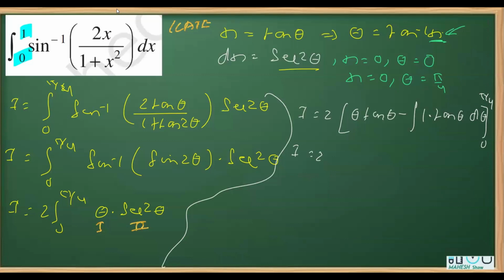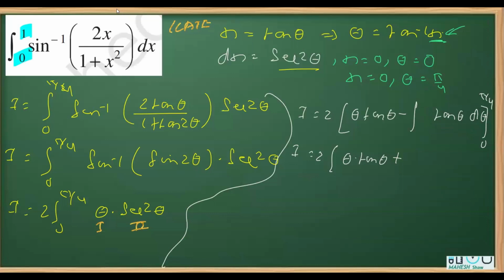This is I is equal to 2 times theta into tan theta minus the integration of tan theta. 1 into tan theta is tan theta only.